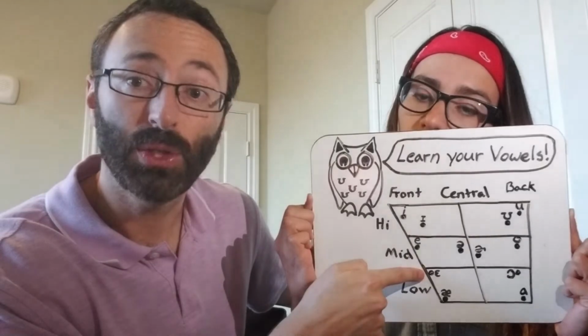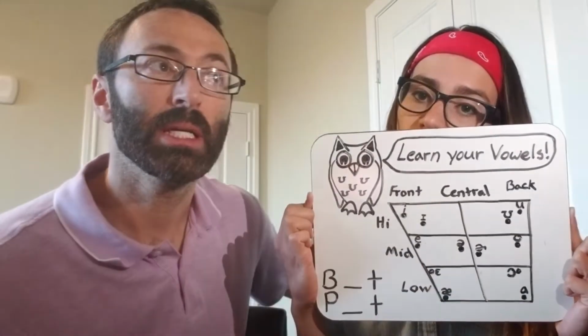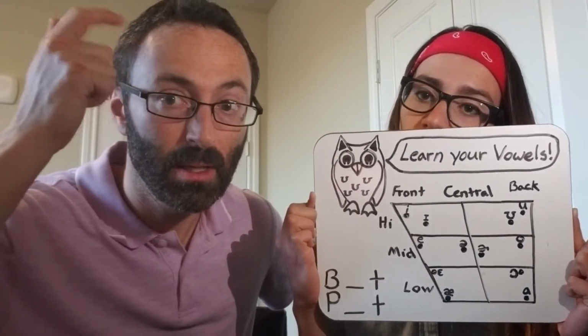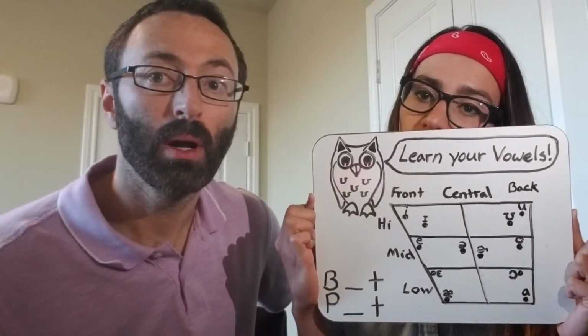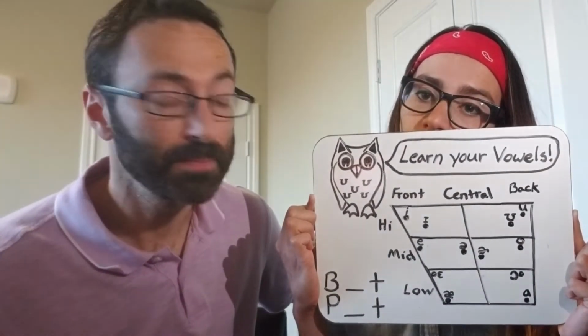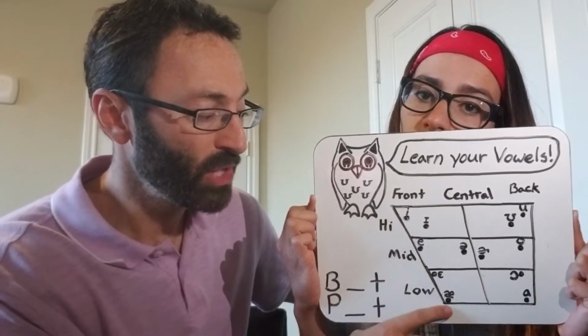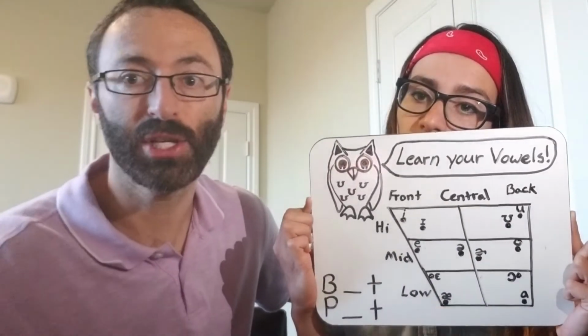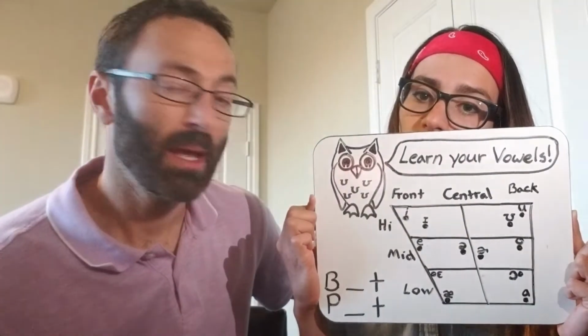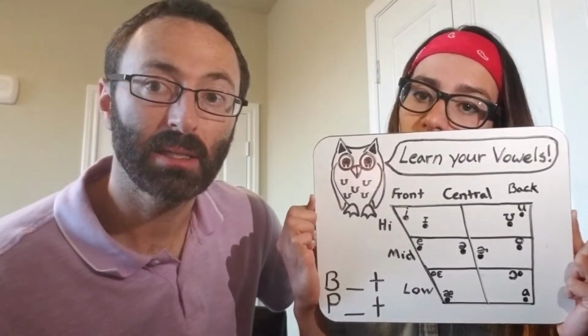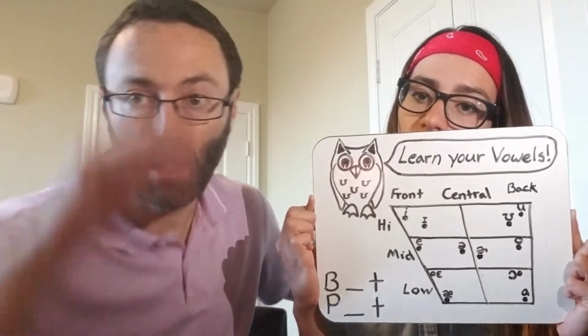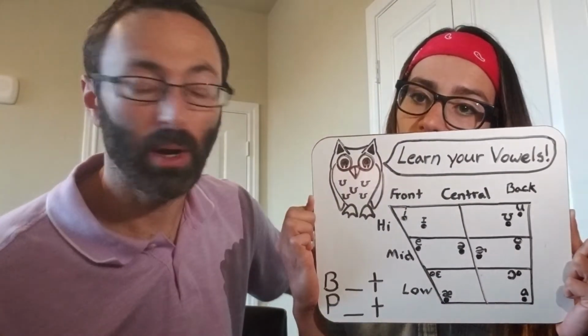Then we're going to drop down to E, which is the sound in my head, or I'm going to bed, followed by the last front vowel, which happens to be in the lowest possible position, A. And it's in words like bat, what you swing in baseball, or hat, what I wear on my head.